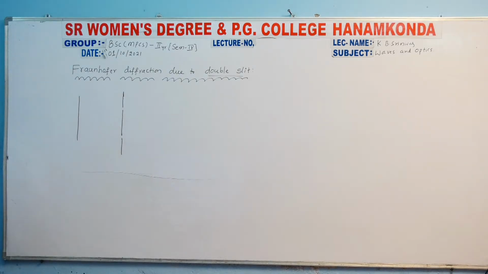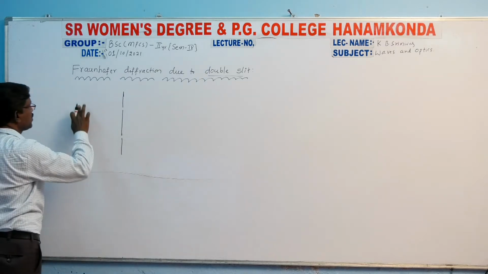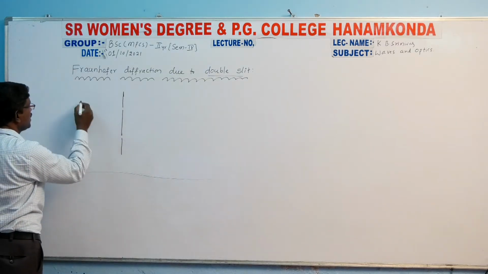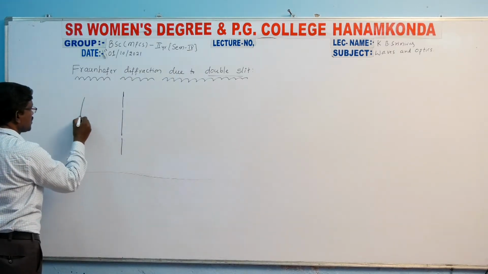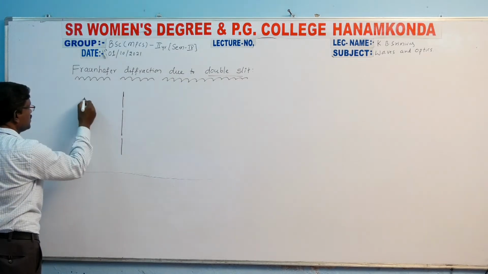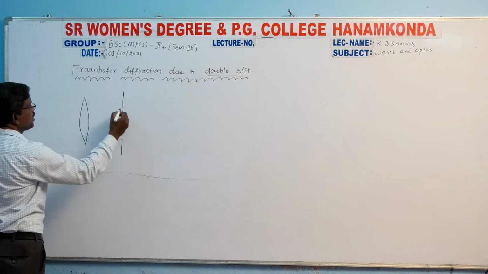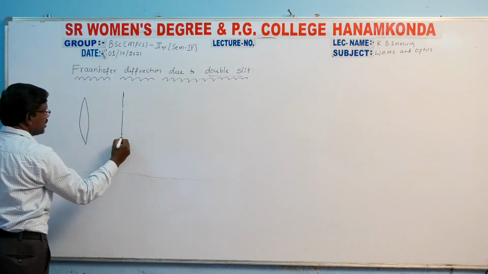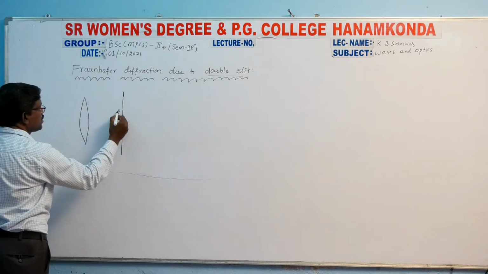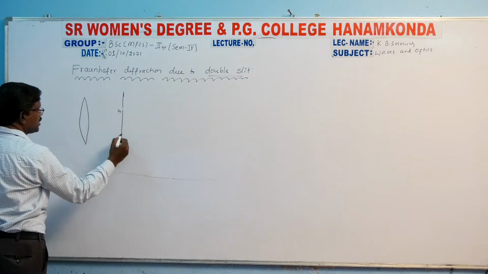Generally, to make a plane wavefront incident on the slit, first of all we have to draw a convex lens to focus the incident rays on the two slits. Let the name of the first slit be S1, name of the second slit be S2.